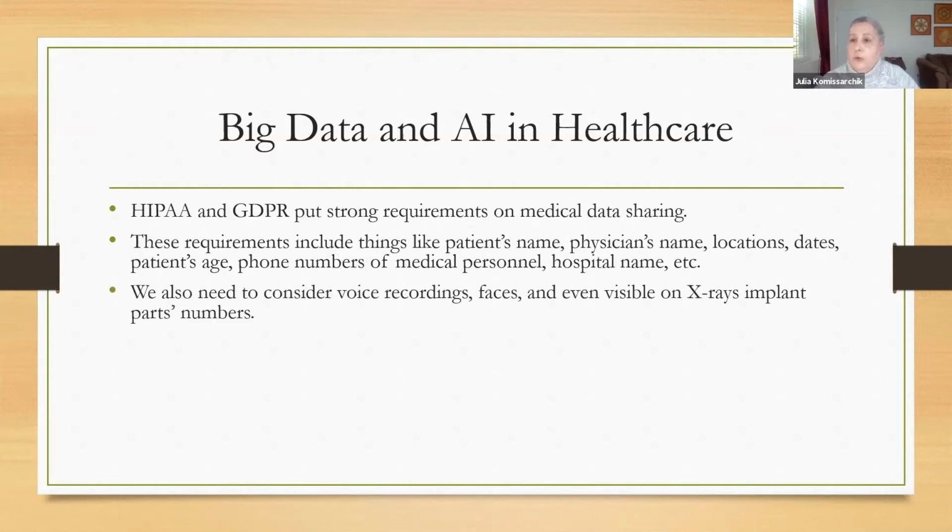Also, one needs to consider voice recordings, faces that can be used in facial recognition, and even implant part numbers visible on X-rays. We've all seen some CSI movies, and we know that by the implant part number, one can identify the person.